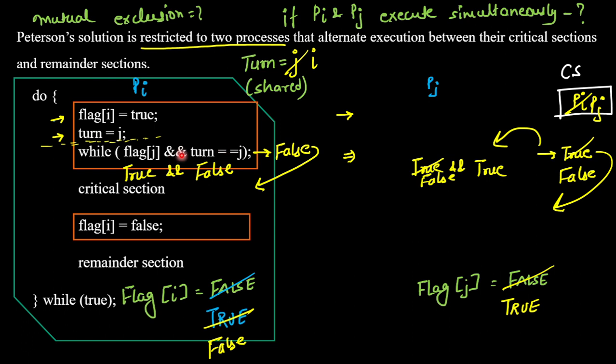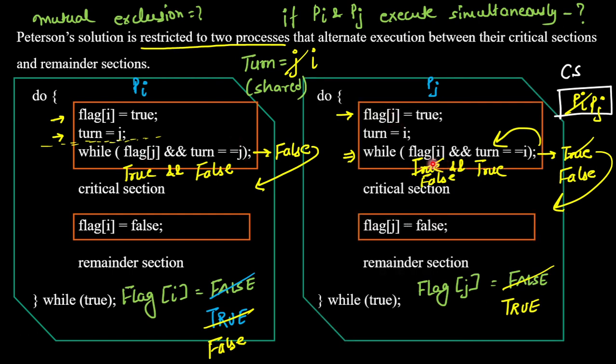This while condition they have skipped, and they're asking you what will be the correct condition for process pi. So you have to know that if it is process pi then the condition is for j, and if it is process pj then the condition is for I. So remember this. If we are talking about process pi, we are using the condition for j. If we're talking about process pj, we're using the condition for I.